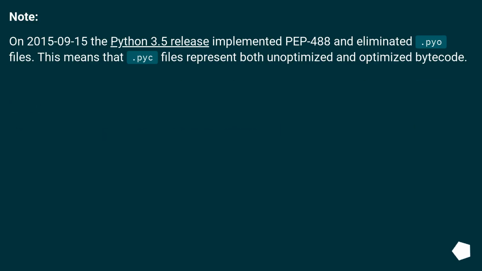Note: on September 15, 2015, the Python 3.5 release implemented PEP 488 and eliminated .pyo files. This means that .pyc files represent both unoptimized and optimized bytecode.